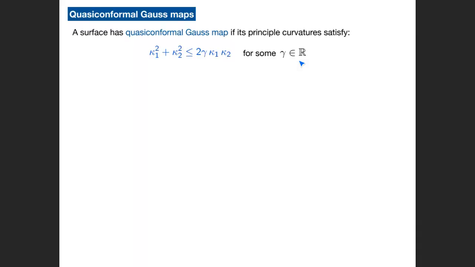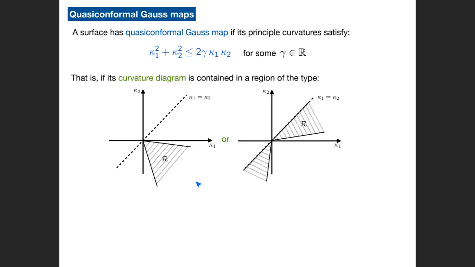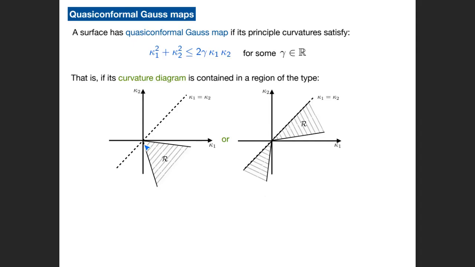And depending on this constant gamma here, this means that the curvature diagram of the surface, which is no longer a curve because it is not an elliptic Weingarten surface, the set of points in the plane where the principal curvatures live, is contained in either a wedge like this, placed here in the origin, or a double wedge like this, okay?